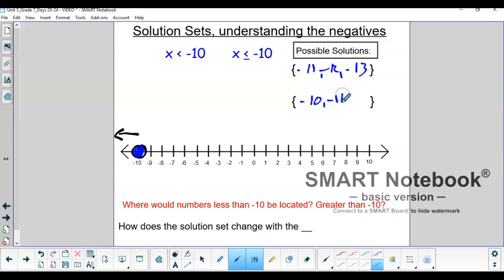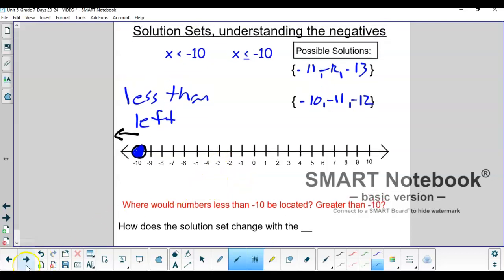Then I can say -11, then I can say -12. But if we want the first integer that makes this true, the first integer or the first whole number that makes x is less than or equal to -10 true would be -10 itself. And then again, we can think that less than is to the left. So if we're looking for less than numbers or a number that's smaller, we are going to the left of that number.